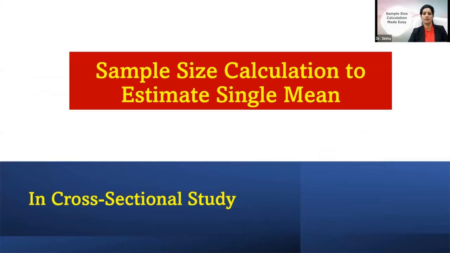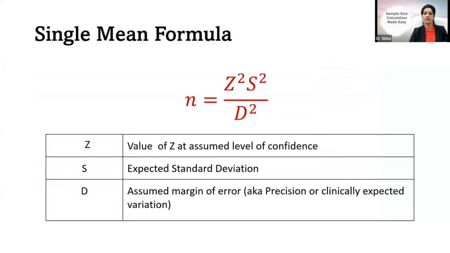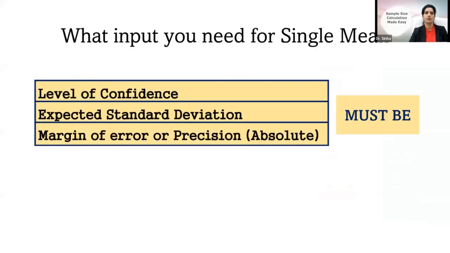Now sample size calculation for a single mean, we will see it. The formula for a single mean is similar to what you have seen for the proportion. It is z square s square by d square. But again, we are not going into the detail of these formulas because we will use the tabulator. For a single mean also, the must-have criteria are the level of confidence, expected standard deviation, which is important, and the margin of error or precision, the absolute one.